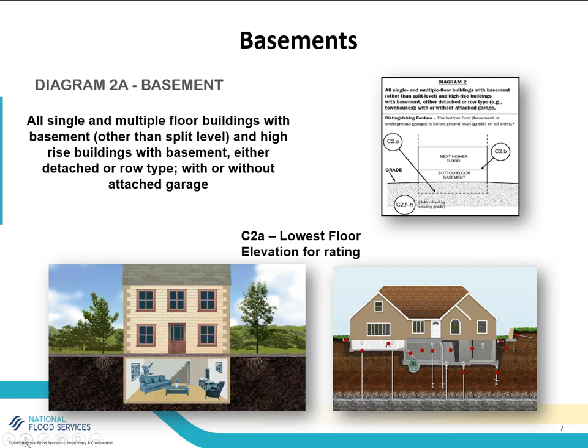If all sides of that room were placed below ground level and the builder dug below the ground in order to place those walls, that would be considered a basement. The lowest floor is still C2A from the elevation certificate. However, in a basement, C2A is below ground.